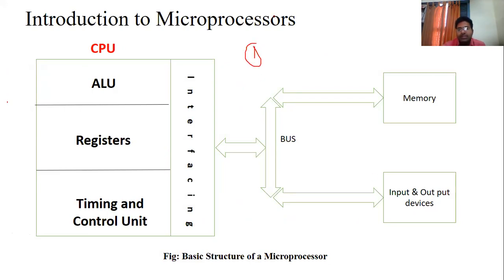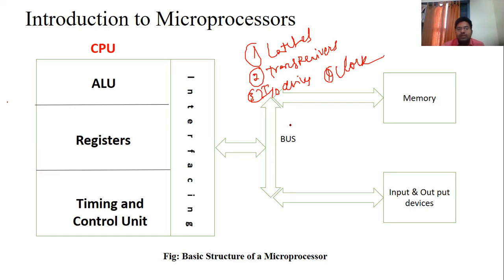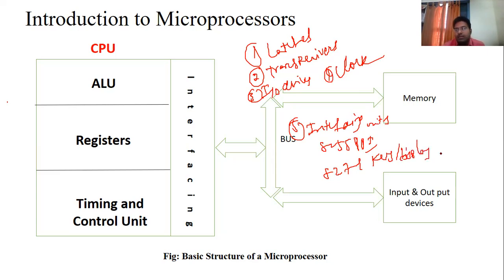We require different types of devices: latches, transceivers, then input output devices, then a clock, and some interfacing units. What are the interfacing units? You have the 8255 PPI, then the 8279 keyboard or display interface, or USART.